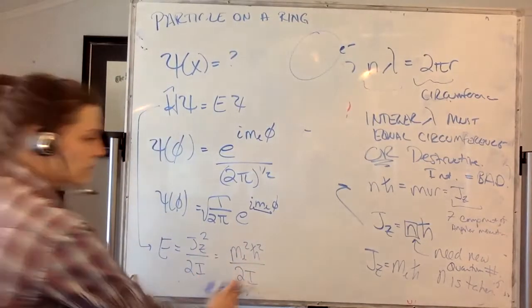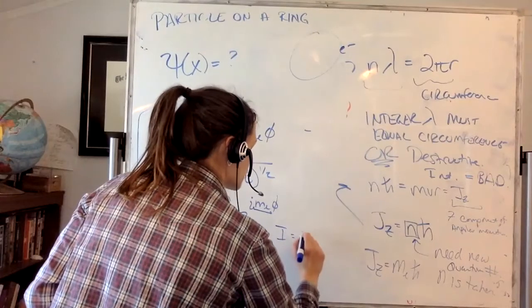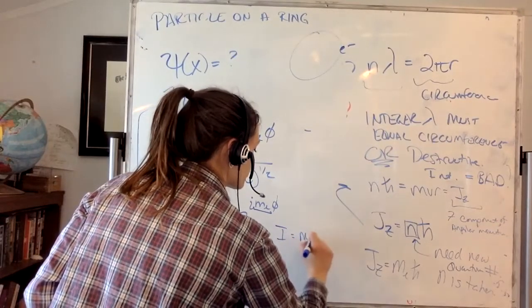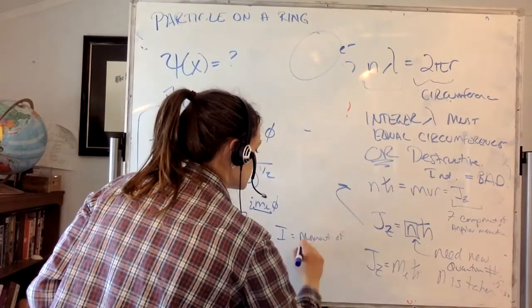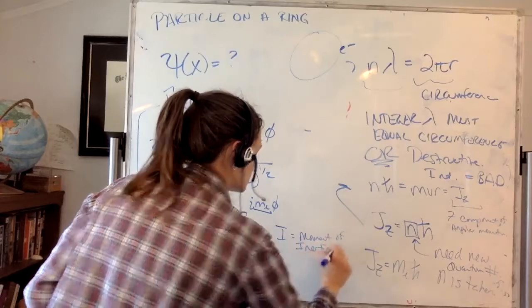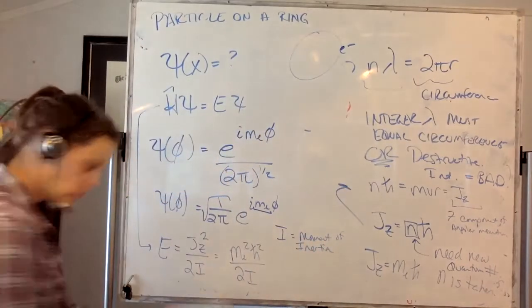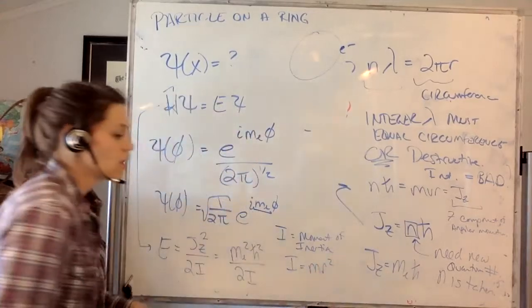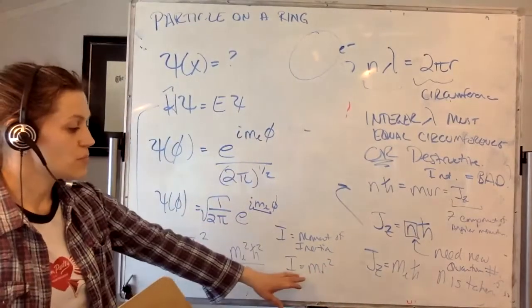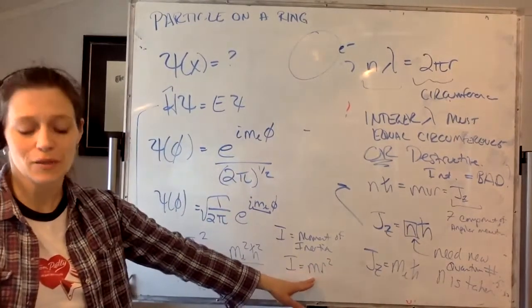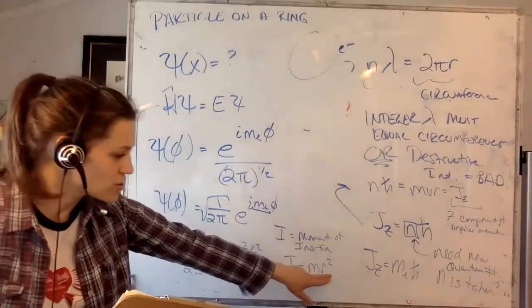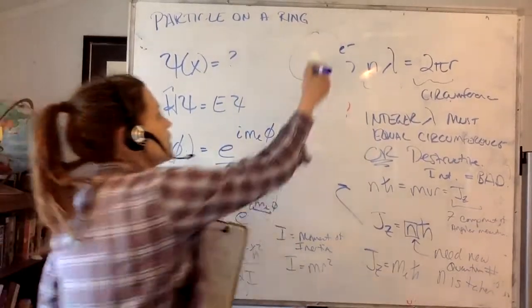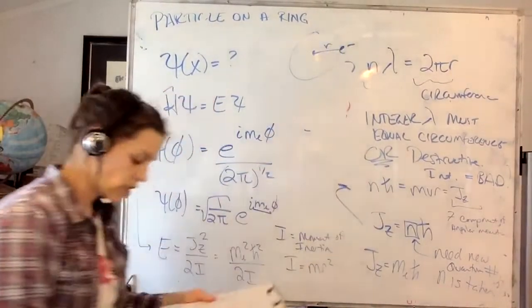So I here is called our moment of inertia. And it equals many things, but for the simplest system, it's going to equal the mass times r squared. This r is the same radius as we've been working with.